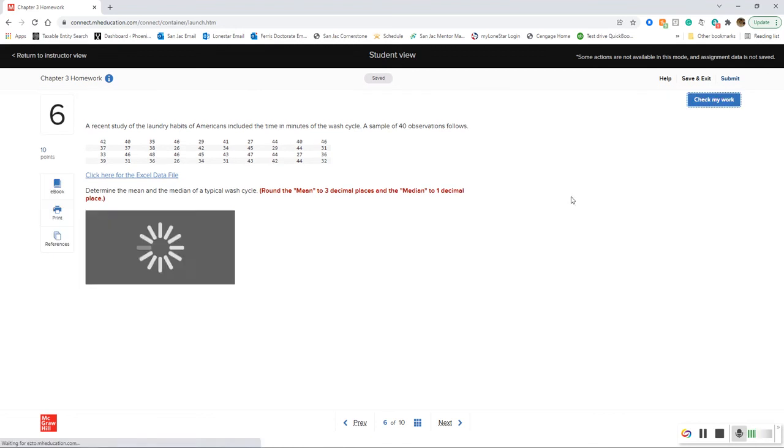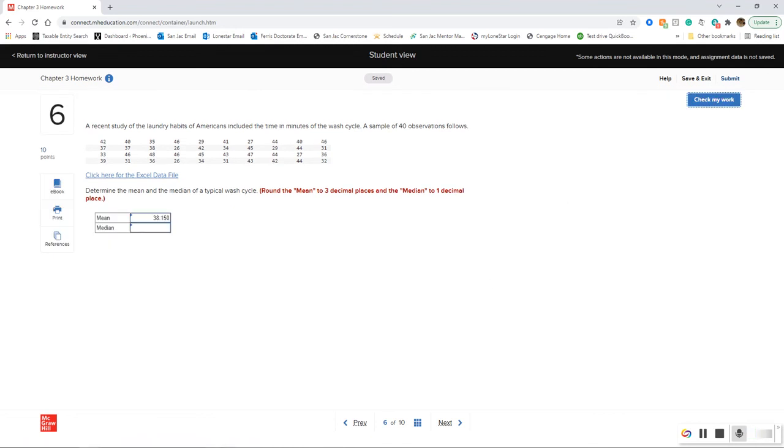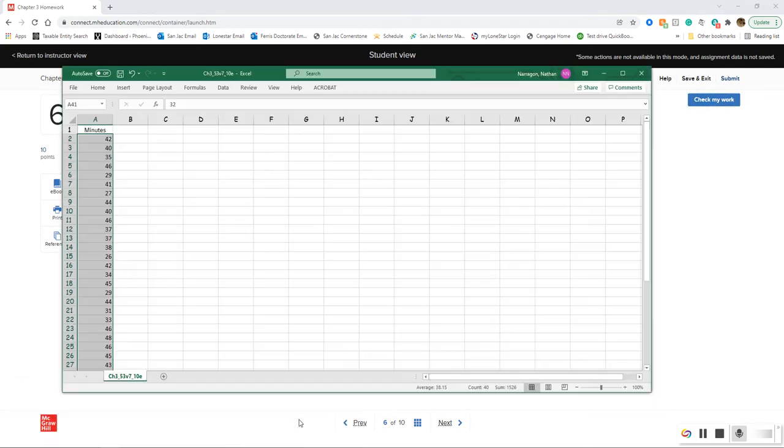Again, using our handy dandy little chart there. Always at the bottom of the Excel. Make it a little bit quicker. Next, we're going to sort, because we need to find the median. Which number falls in between?